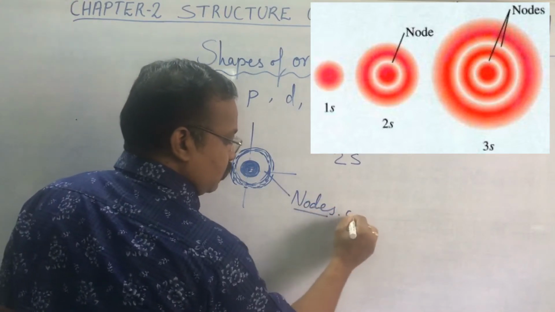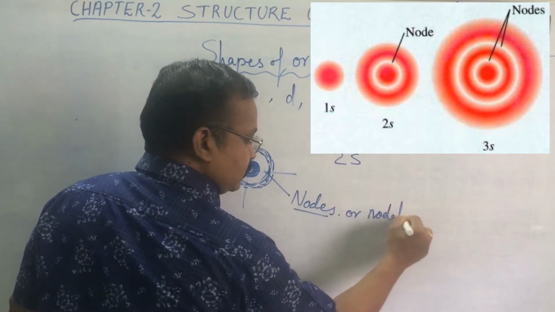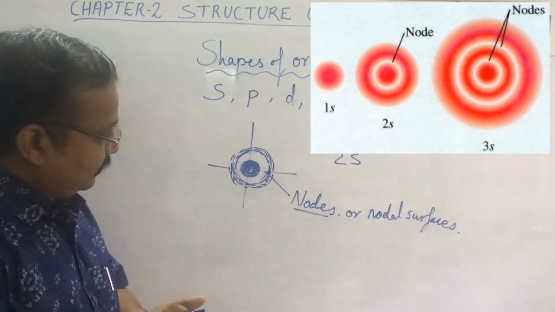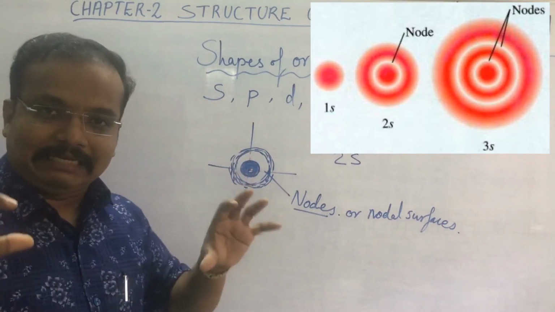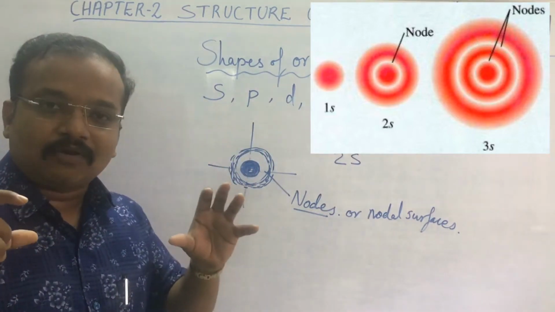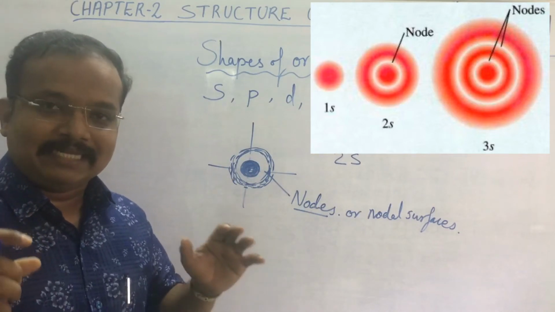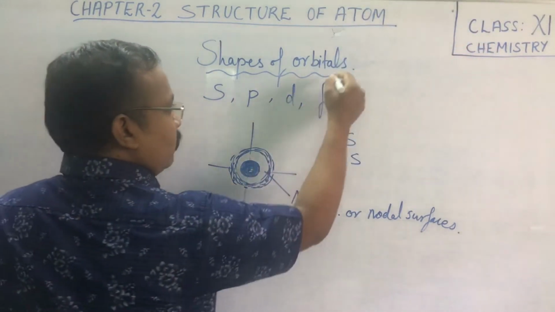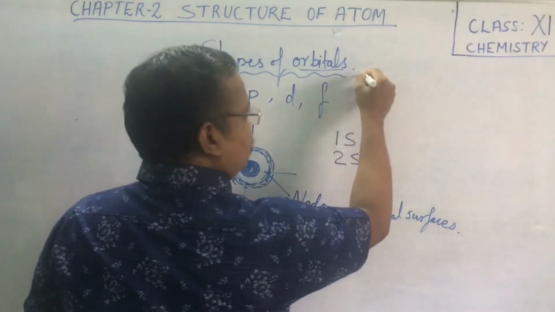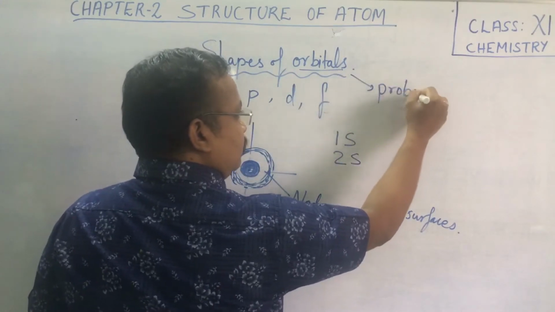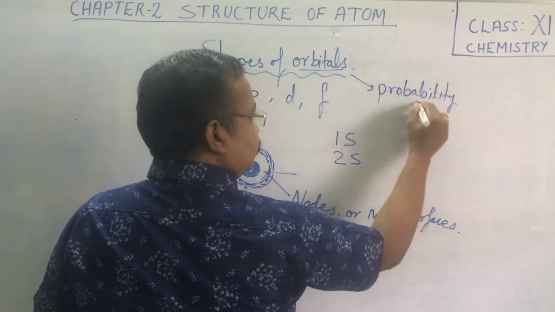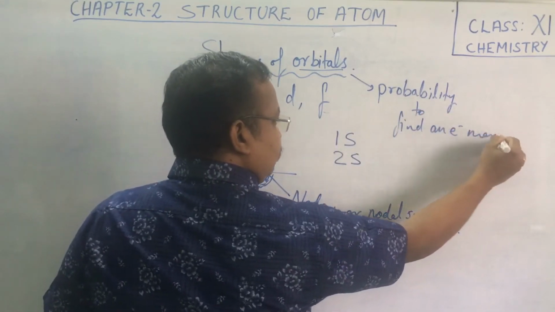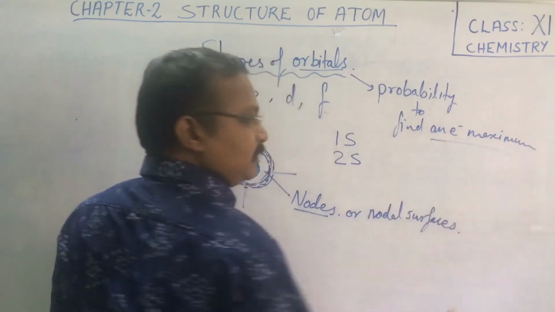So children, nodes or nodal surfaces are those areas around the atom where an electron is not found, that is, the probability to find an electron is minimum. Orbitals are where the probability to find an electron is maximum.